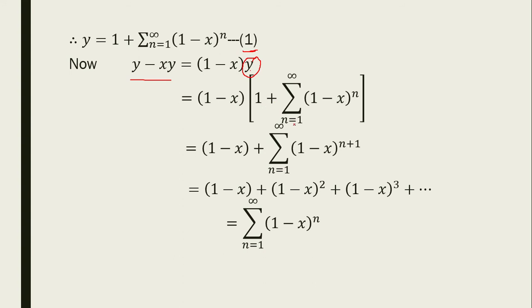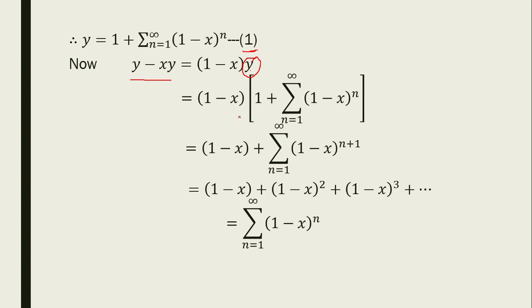Now multiplying by (1 minus x), (1 minus x) into 1 is equal to 1 minus x, plus summation n equals 1 to infinity of (1 minus x) raised to n into (1 minus x), so (1 minus x) raised to n plus 1.